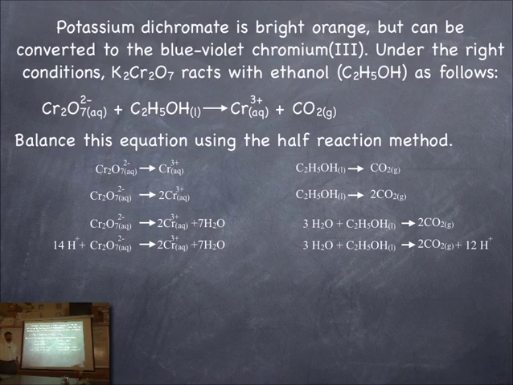I know it's a lot of writing. These things just take up a lot of space. We put 3 H2Os here because we had 3 plus 1 more is 4 oxygens, to balance out the 2 times 2 is 4 oxygens in.